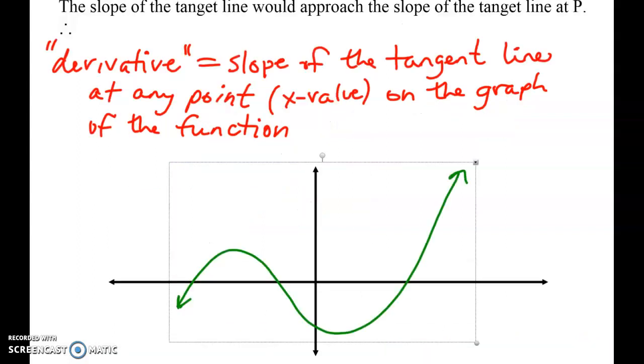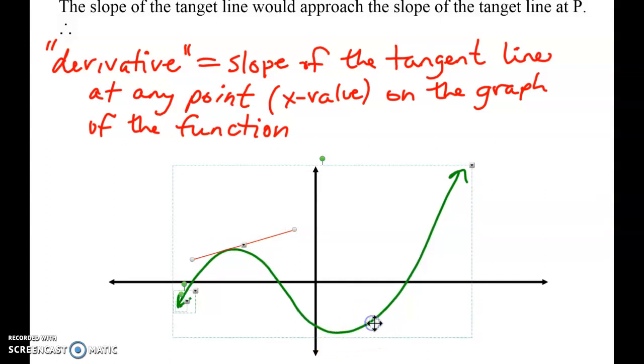We're going to start using the word derivative. The definition of derivative is the slope of the tangent line at any point, so any x value, on the graph of a function. So if I just drew this function right here, and I would pick any point, say this x value here, the derivative means the slope of this tangent line at that point. Same with here.